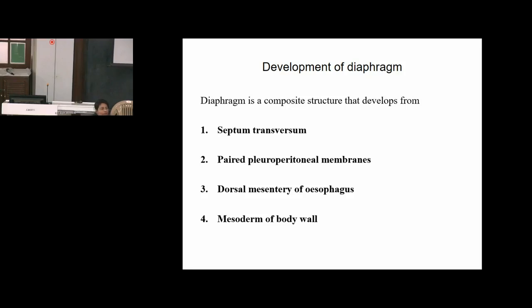What is the covering of the liver? So Glisson's capsule is formed from the septum transversum. Well, the parenchyma means the hepatocytes and the cells lying there. That is developing from which germ layer? The rest of the things are developing from which germ layer?